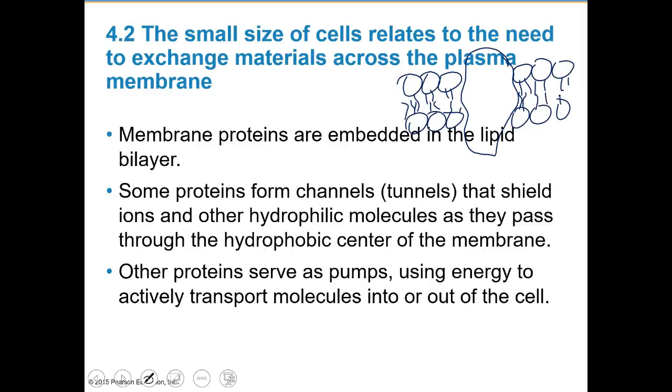Quickly, some proteins form channels, so sometimes you have a tube that shields ions and other hydrophilic molecules as they pass through that hydrophobic center. Other proteins serve as pumps, so they'll use energy to actively transport molecules into and out of the cell. That's a little weirder one to draw, but sometimes they're pumps, so they'll take a little energy in order to get it going. So imagine that's like a little burst of energy. It's needed here to make this thing go.